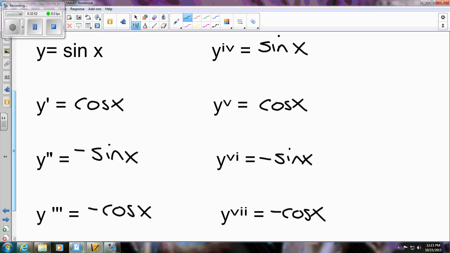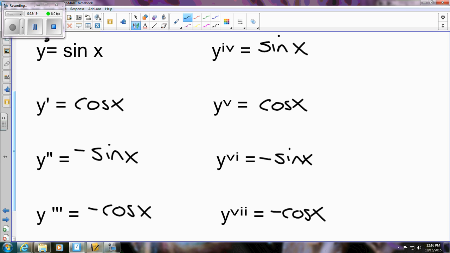So if you notice here, the 0th derivative, the function is also known as the 0th derivative, the 4th derivative, the 8th derivative, all those would be just sine x. Okay? What do you think the 21st derivative would be? So it would be the same as the first derivative, so it would be cosine x. You see how we're doing that?